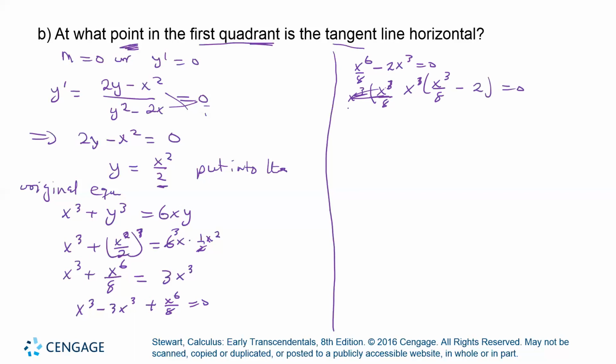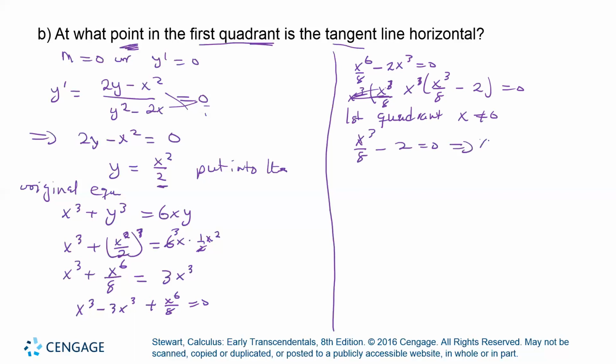Now in the first quadrant, x is not equal to 0. So basically what is equal to 0 is x cubed over 8 minus 2 equal to 0.